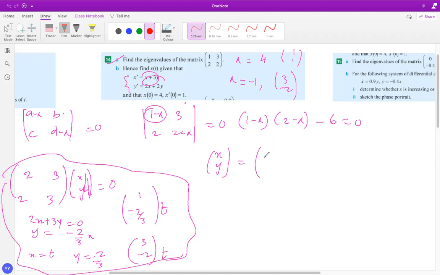So it is a times e to the power lambda 1 t, which is 4t, times 1 and 1, plus b times e to the power lambda 2 t, which is negative 1 t, times the vector 3 and negative 2.